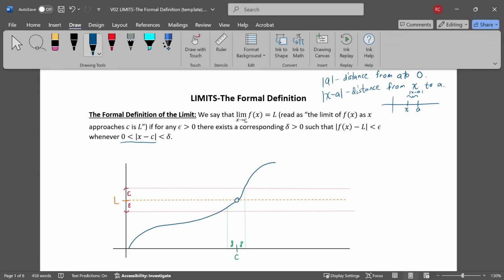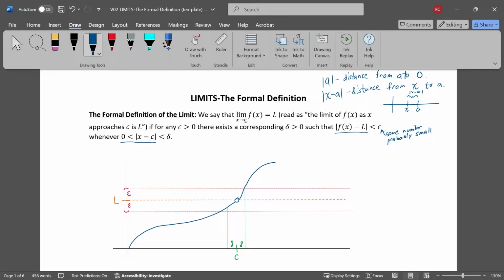What this says is the distance between the f of x value, the y value of the function, and the value of the limit, the distance from the function to the value of the limit, is less than some number epsilon. And epsilon is just some number, and it's probably small. I'll illustrate what I mean by that momentarily, but it's just some number, so don't overthink epsilon.